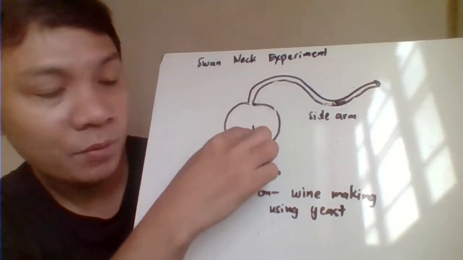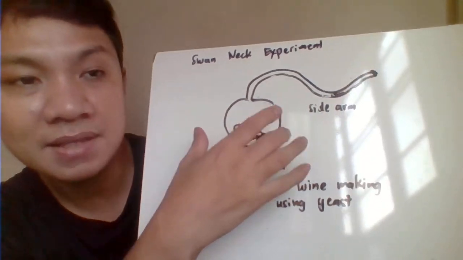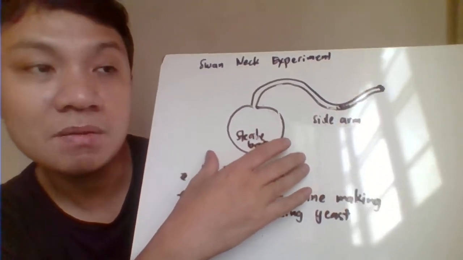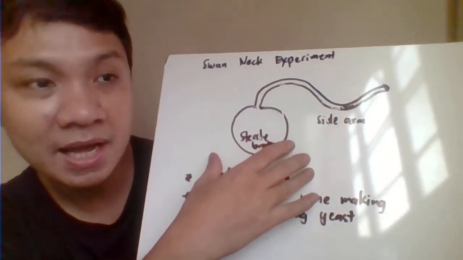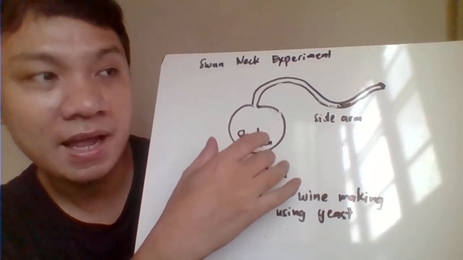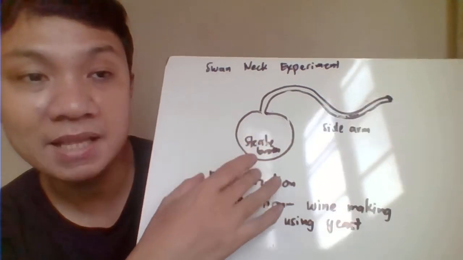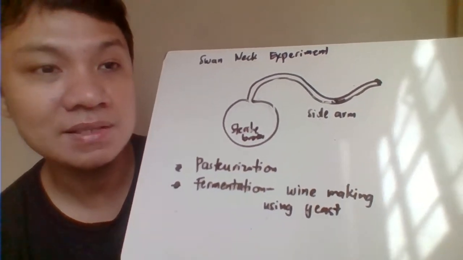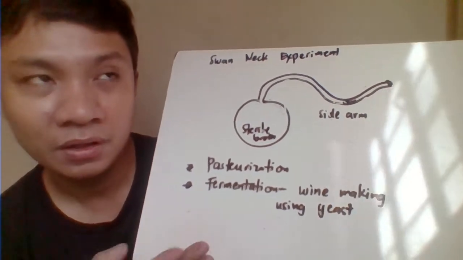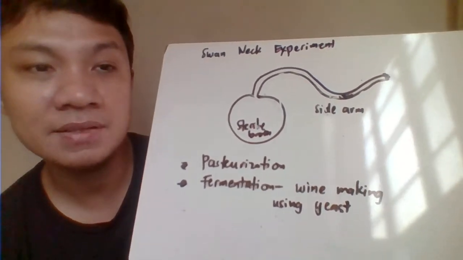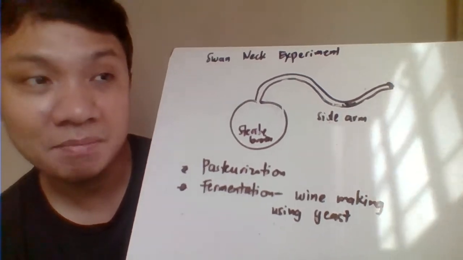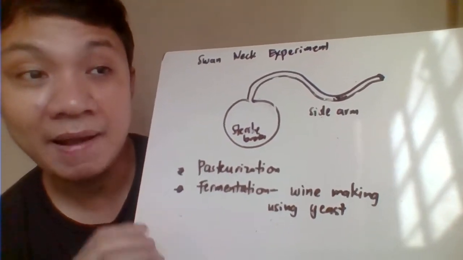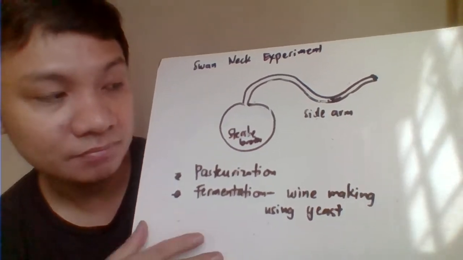And therefore, the sterile solution here still remains sterile, and they are prevented from contaminating your sterile solution, and that becomes the basis of the aseptic technique. So, correct siya in terms na sinasabi niya na the air contains the microorganisms, and the air itself does not create the microorganisms.